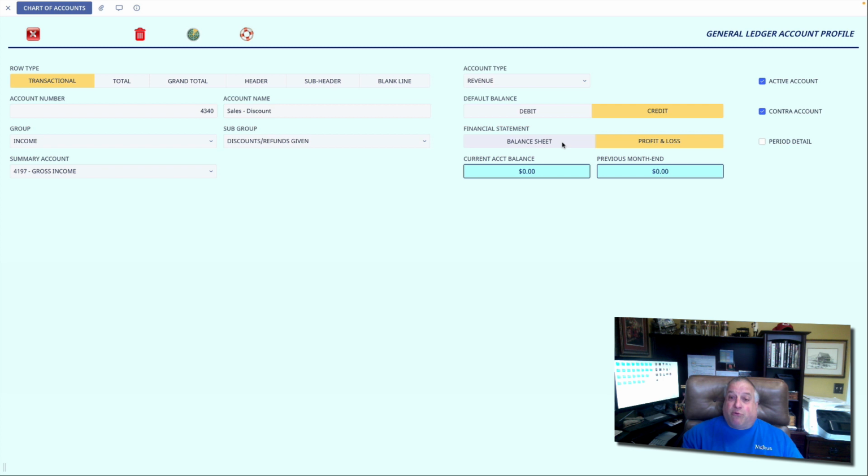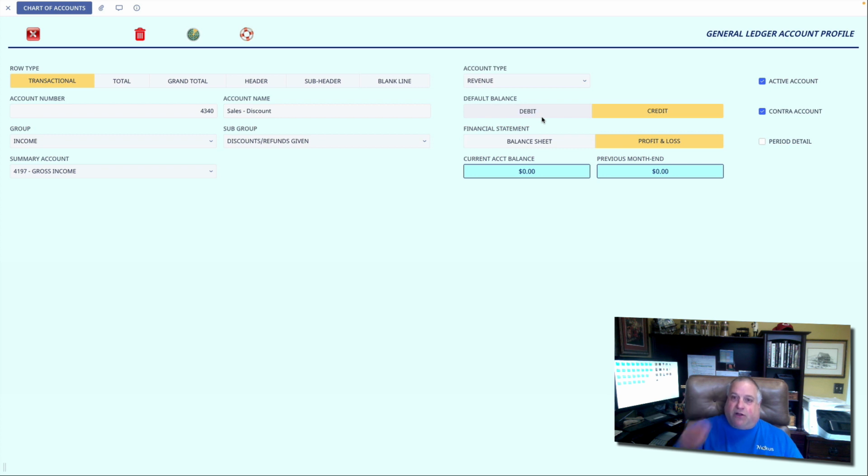By virtue of which statement, the balance sheet or the P&L, on which an account appears, that will determine if a credit balance is a positive or a negative value. A credit balance in an asset would be a negative because we expect our assets to be debits. A debit balance in a liability would also be contrary because we expect our liability accounts to be credits.